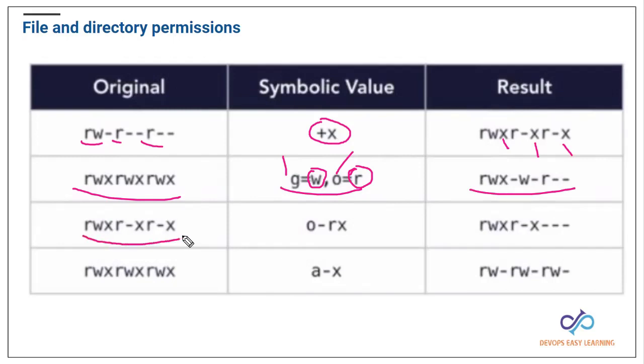Here, if you have this and I want to remove at the others level the read and execute, I can go ahead and remove the read and execute. You will see, because this is at the user level, this one is at the group level, this one is at the others level, and so you can see it disappear.